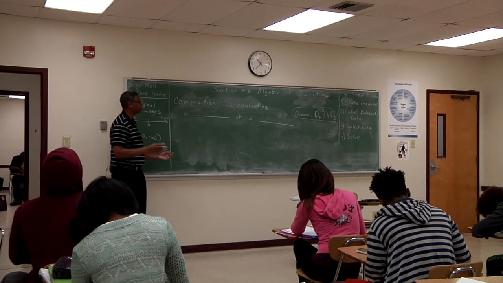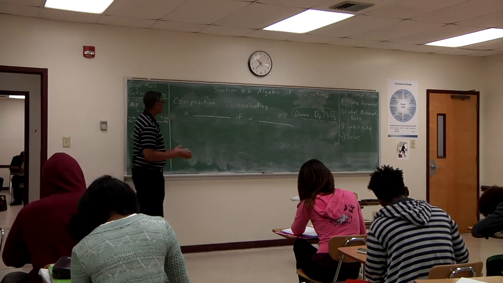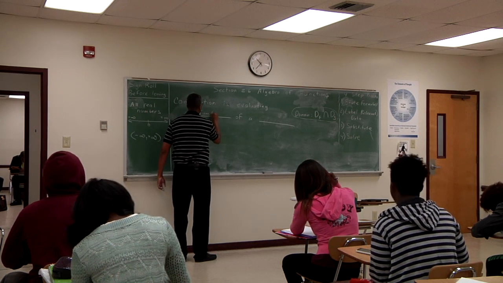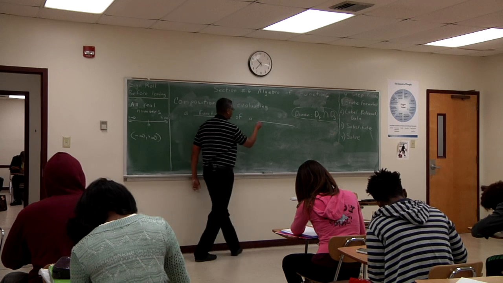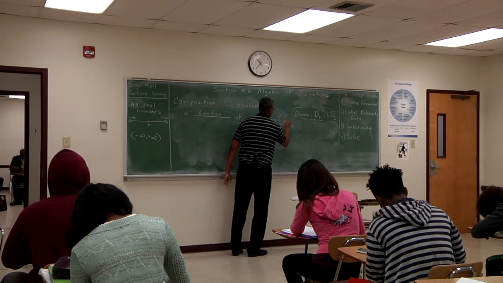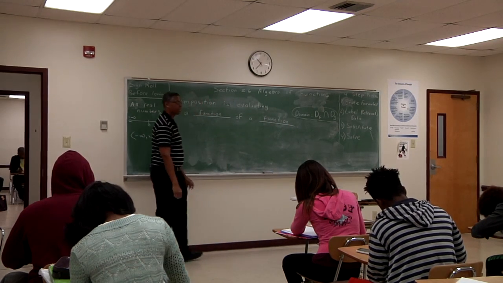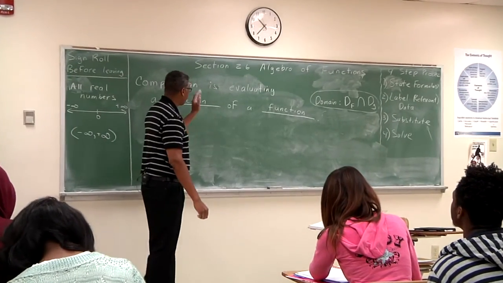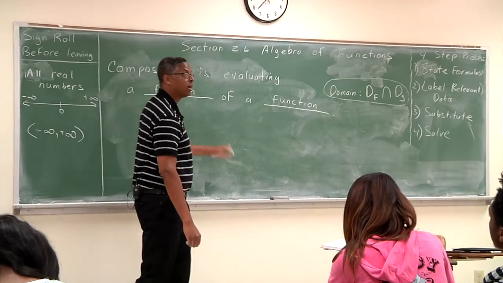This is a very key concept that you need to understand. So composition is evaluating a function of a function. So this is a very key concept, okay? So make sure that you commit this to memory. Composition is evaluating a function of a function.